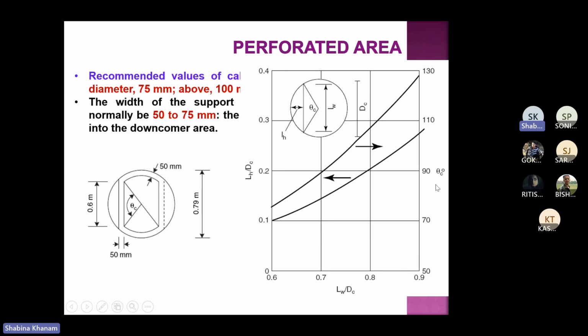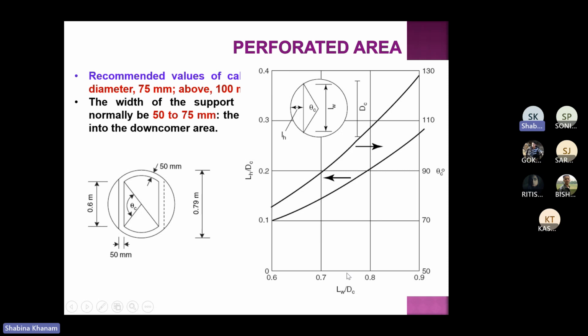And that you can find through this graph. Once you know all these parameters, by applying geometry you can find out the calming zone area, and that you need to deduct from the active area to find out the perforated area. Theta c value you can consider over here. This is basically LW by DC. This is not capital L, this is a small l.